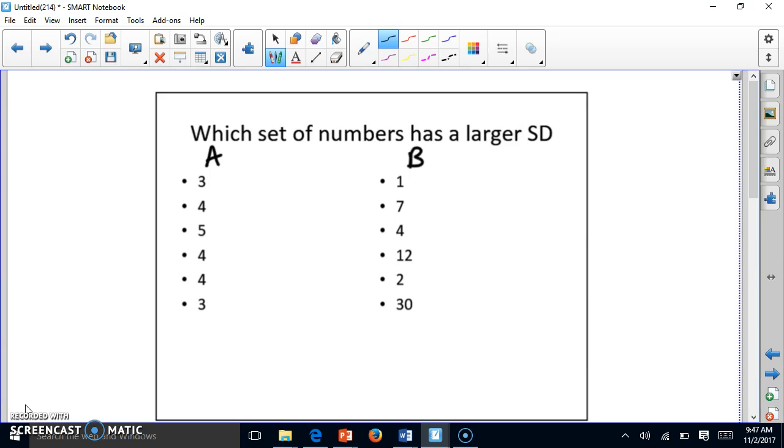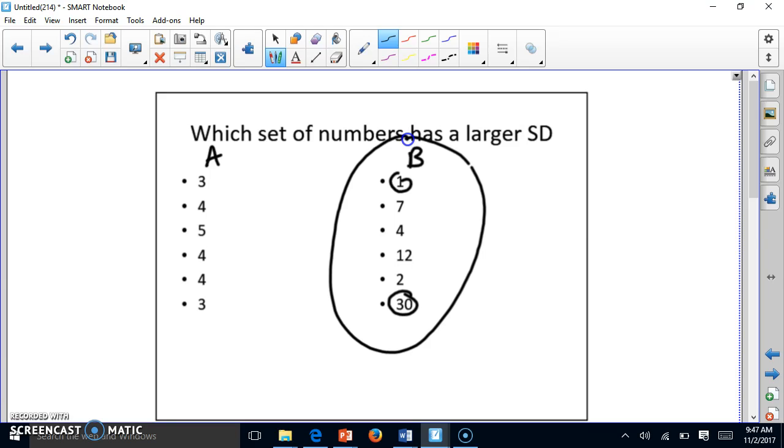If you look at the spread of these numbers, the ones in sample B are much more spread out. They range from 1 to 30, while these only range between about 3 and 5. So this set has a higher standard deviation.